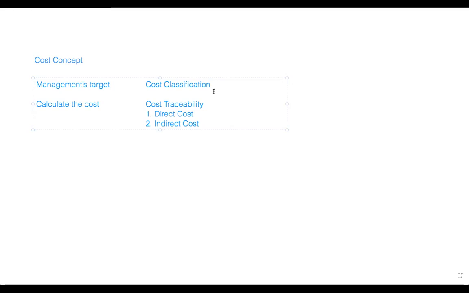Now, what would be an example? What would be the application? How is this implemented?